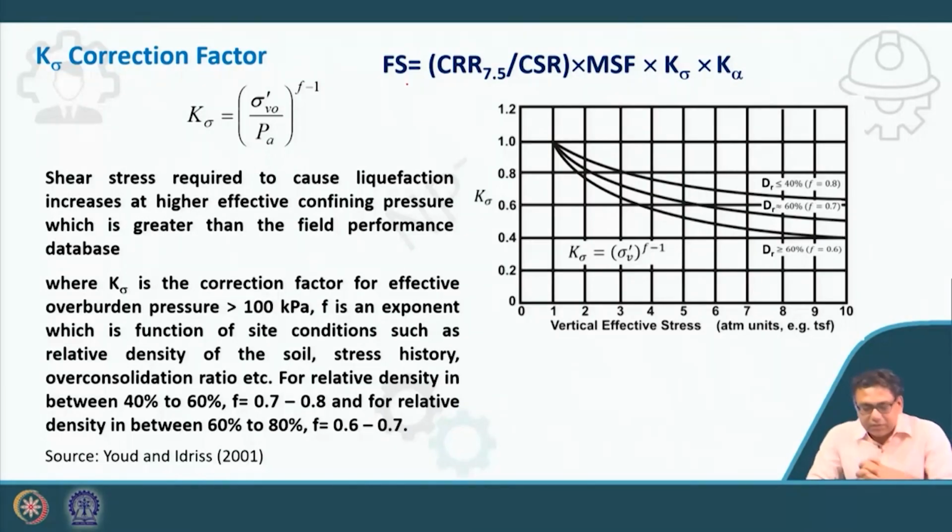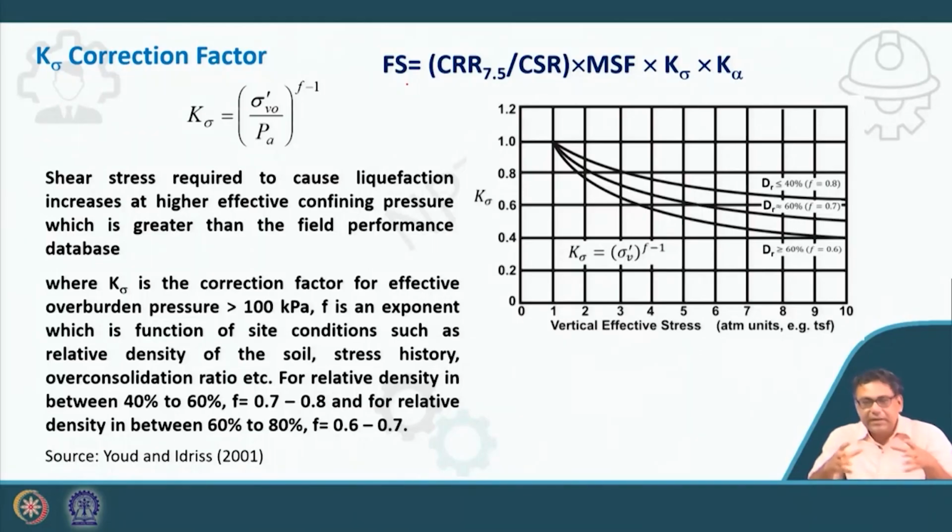So what are those cases? The first one is the correction factor K sigma, because the shear stress required to cause liquefaction increases at higher effective confining pressure which is greater than the field performance database.